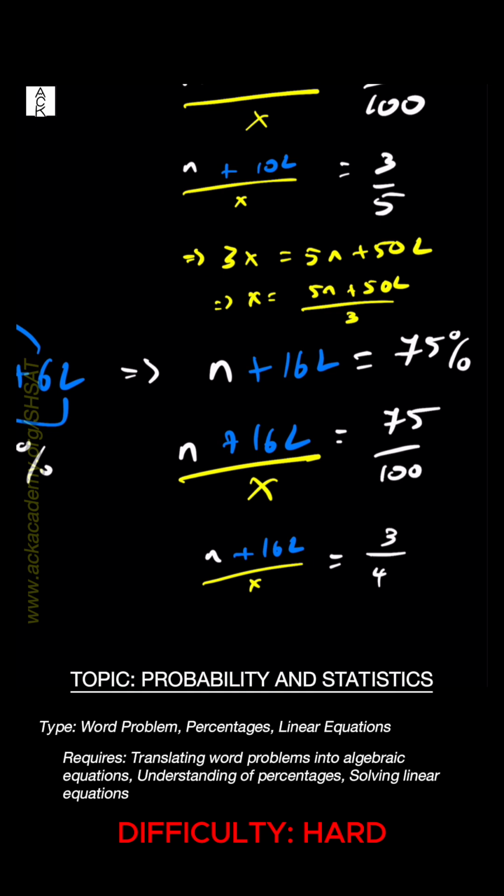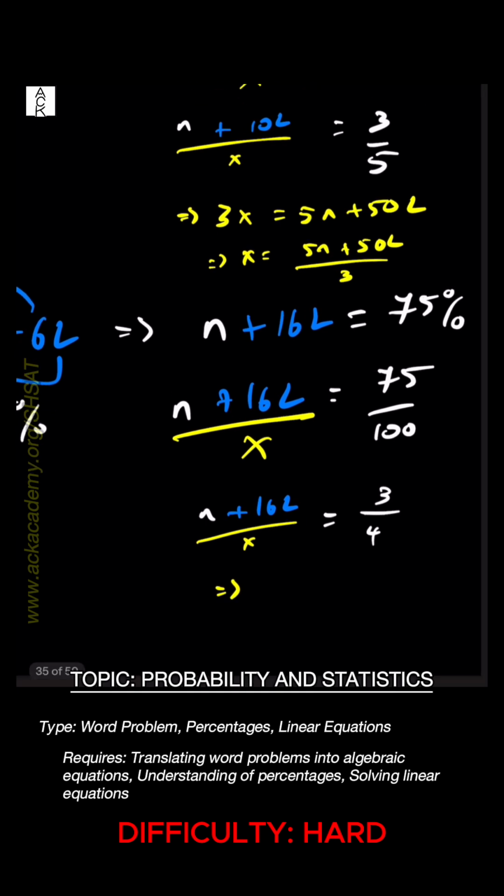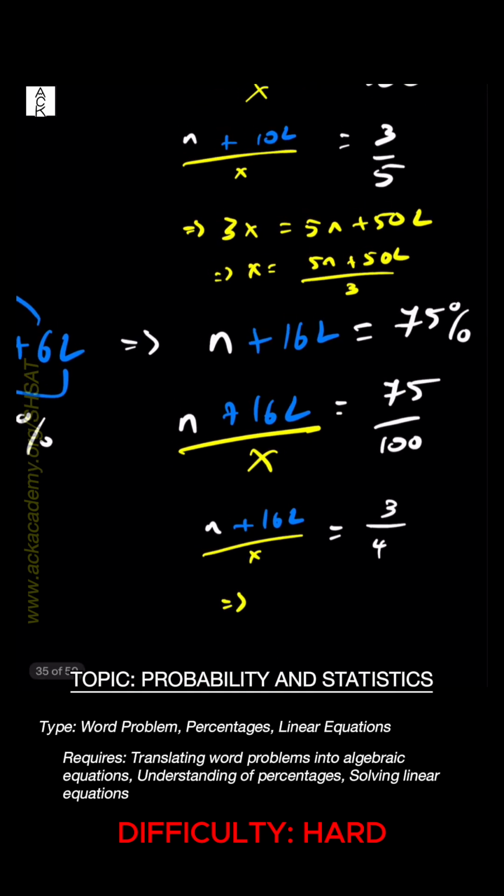And now we can find out what the value of x is. 3x is equal to 4n plus 4 times 16, which is 64. Now x is equal to 4n plus 64 divided by 3.